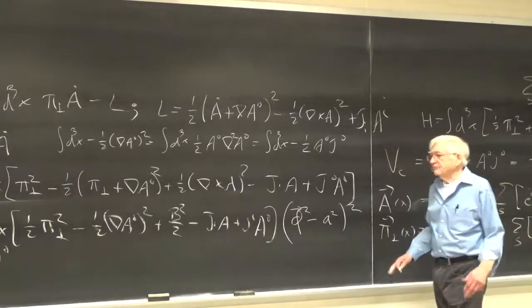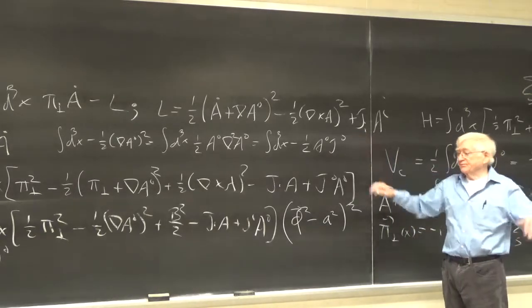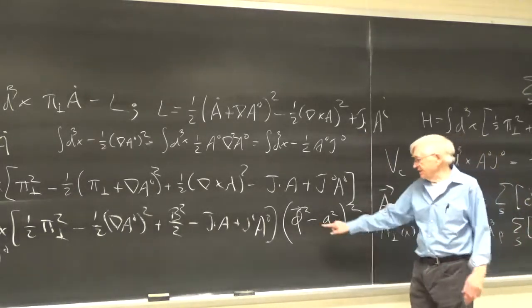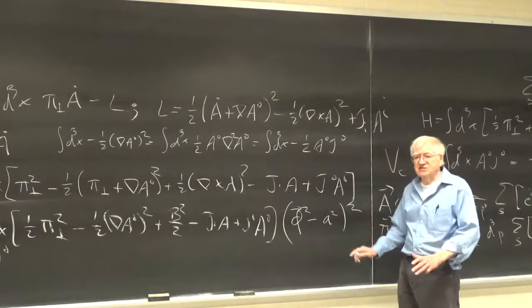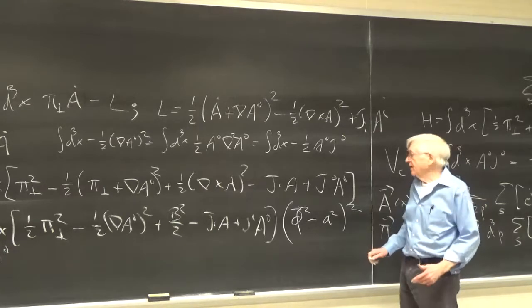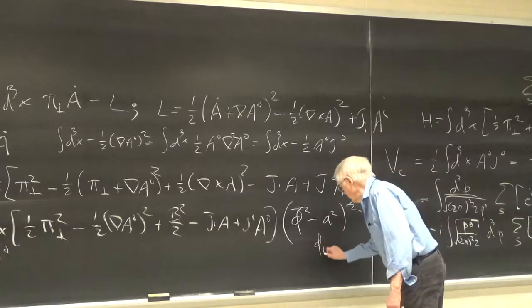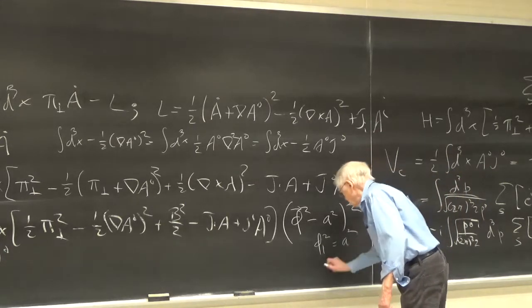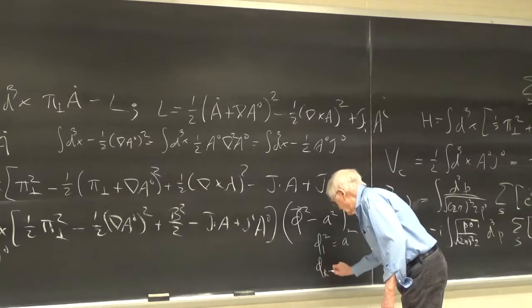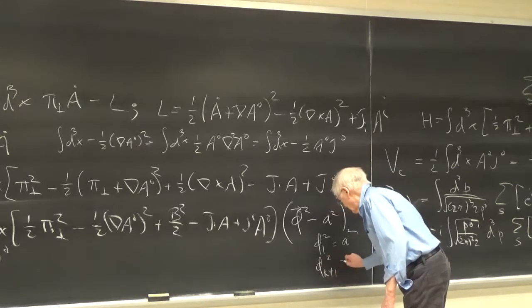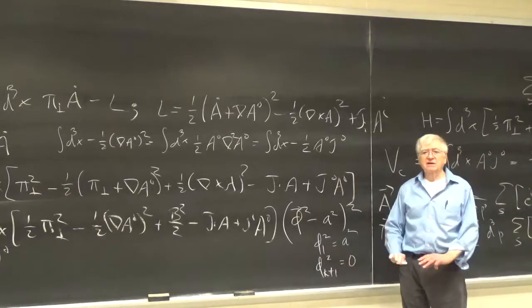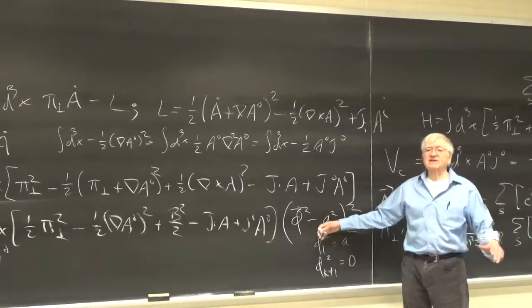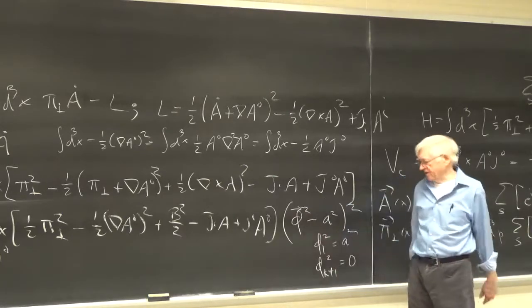But now, as you go out to infinity, one solution is you say phi squared is a squared, period, and it never changes from that value. In other words, phi 1 squared is a squared, phi k not equal to 1 squared is 0. You keep it fixed like that, no problem, energy typically 0 apart from quantum fluctuations.